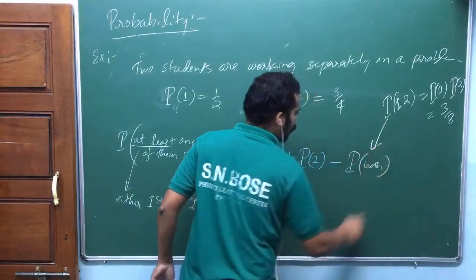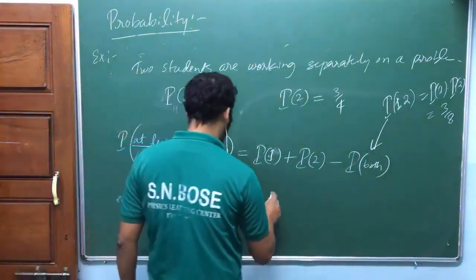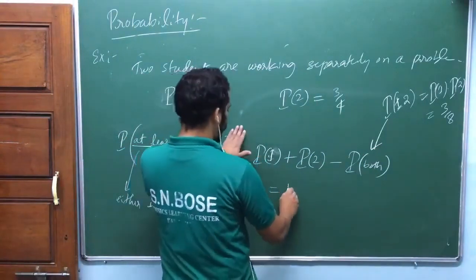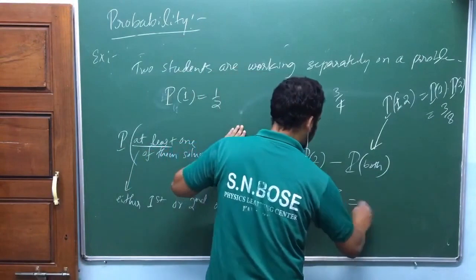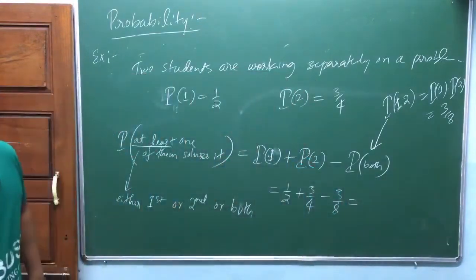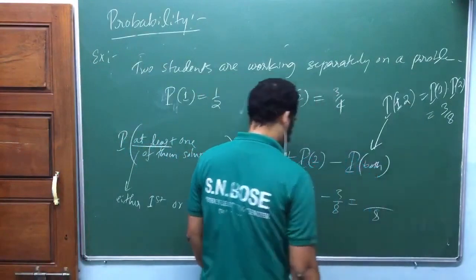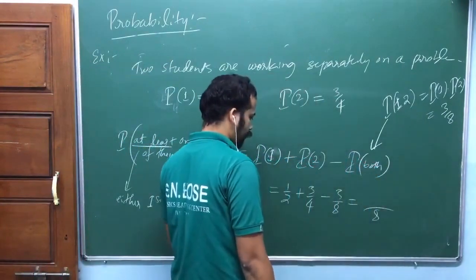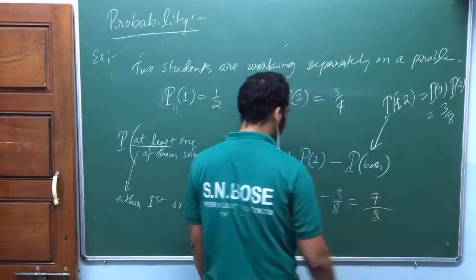So this is nothing but this probability. So this is equal to 1 by 2 plus 3 by 4 minus 3 by 8. And the values, check this out. 8 common. 2 4 the 4, 2 the 8, 1, I think 7.